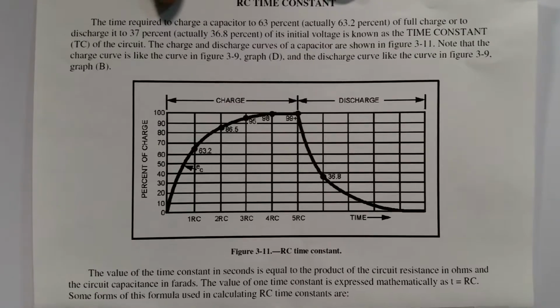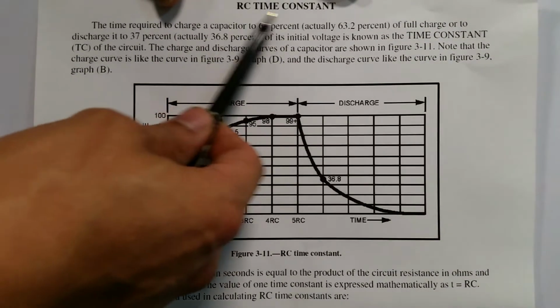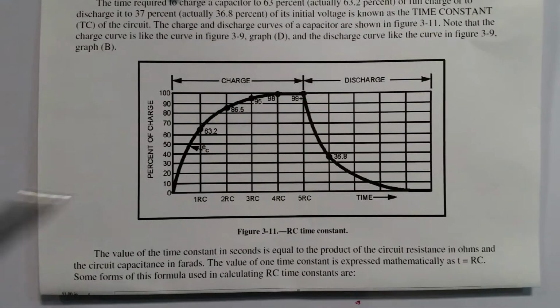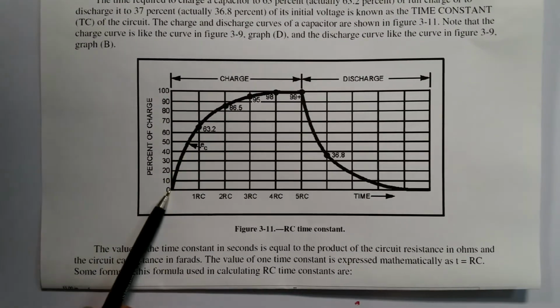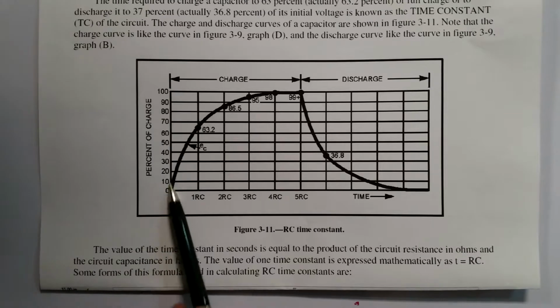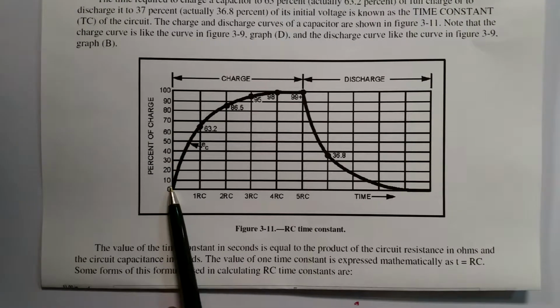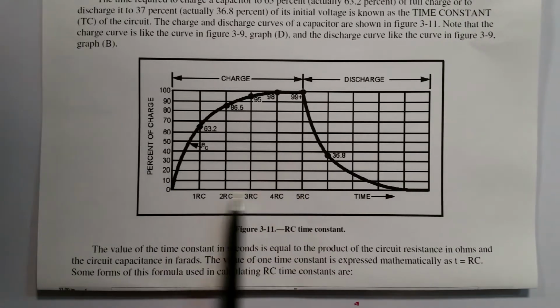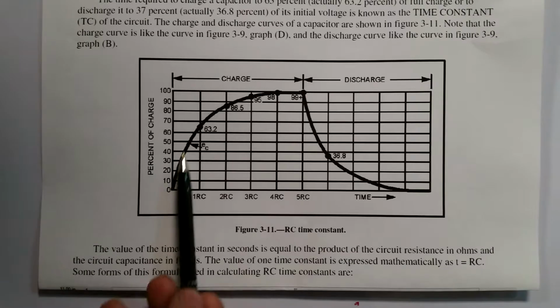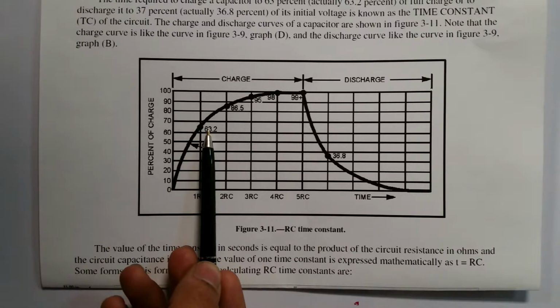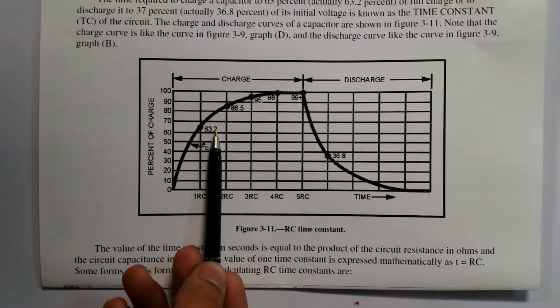Just as we saw with inductors, capacitors also have time constants. Here we got a capacitor that is charging as soon as power gets attached to it, and the capacitor will charge in 5 time constants. Within the first time constant, it's going to charge to 63.2%.